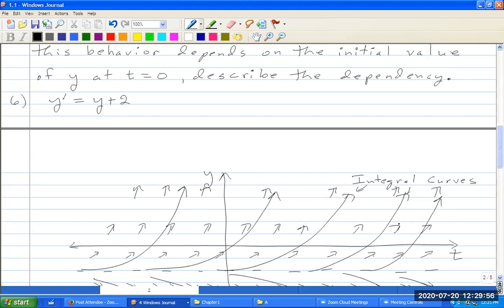So let's say I'm at y equaling 1. So then this always has a slope. Direction. Is it the same as your slope field?